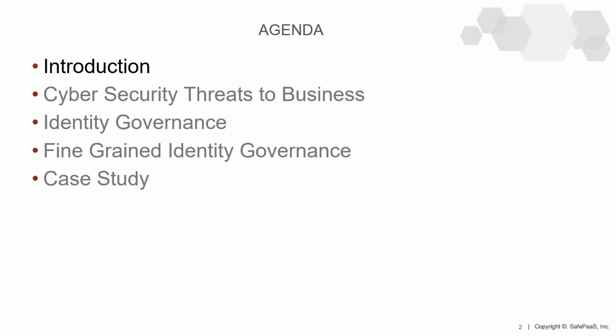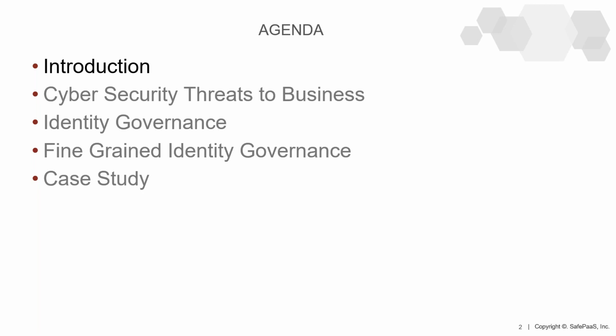Today's agenda is briefly introducing the company for those of you that may not be familiar with us, and then jumping right into the topic of cybersecurity and why business is so concerned about it. We'll, as always, share some stats and numbers and give you an idea of what's trending in the market around this topic.